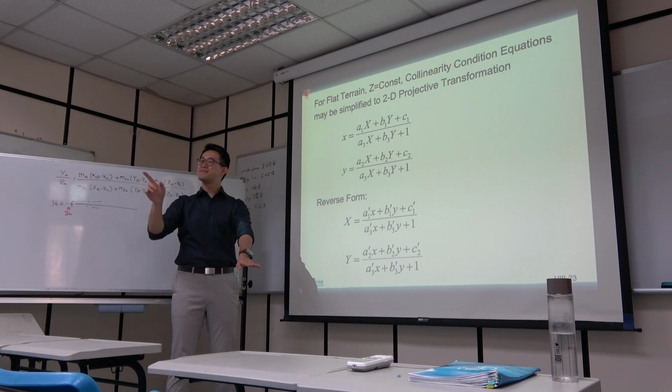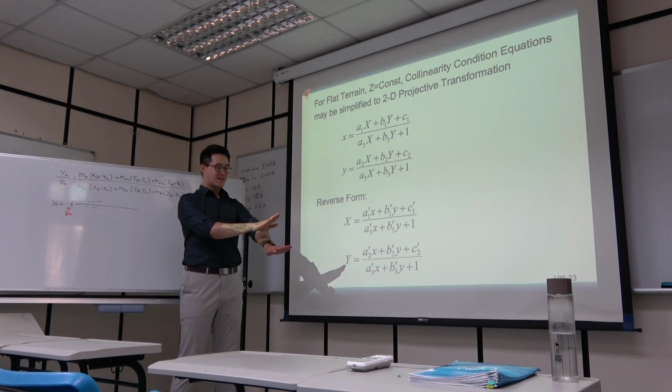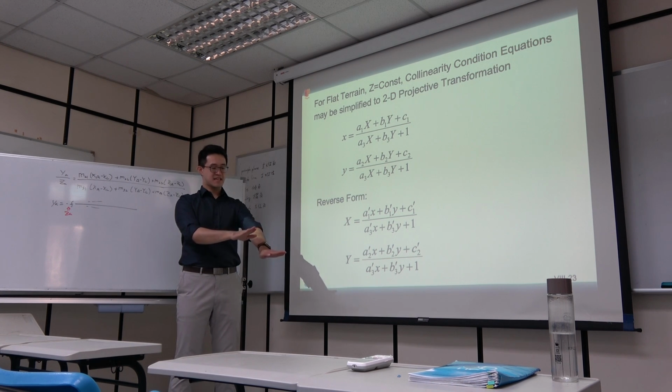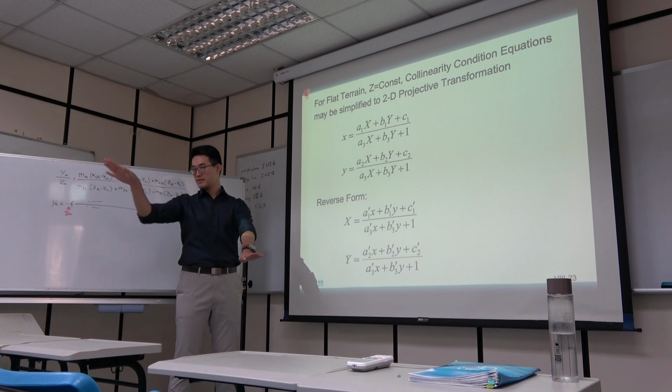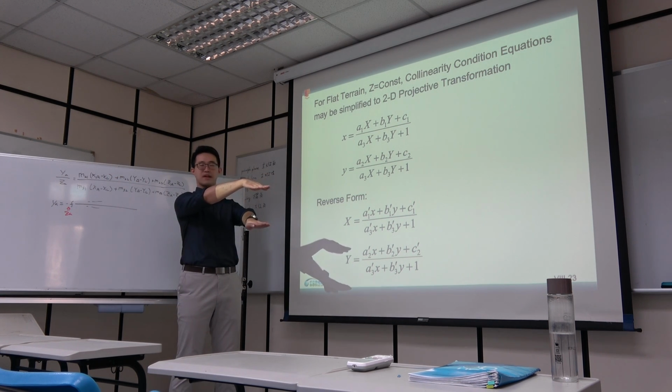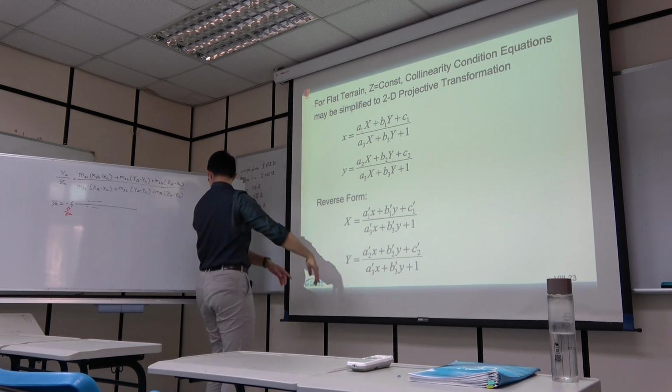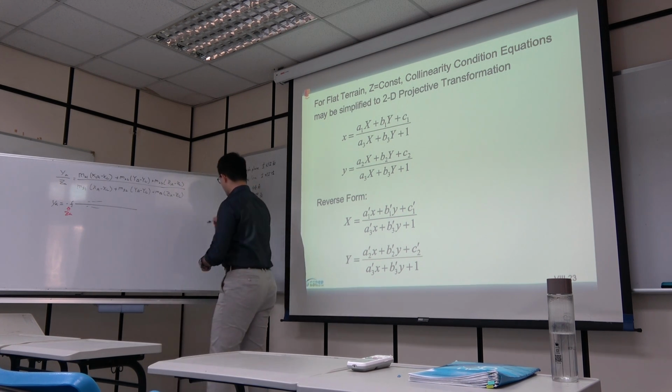The difference is that because Z is constant, what can help us decide the scale? Let's assume these two planes are like this, a vertical photo.